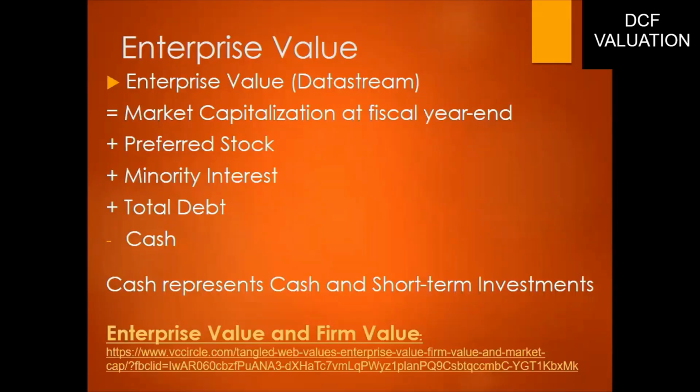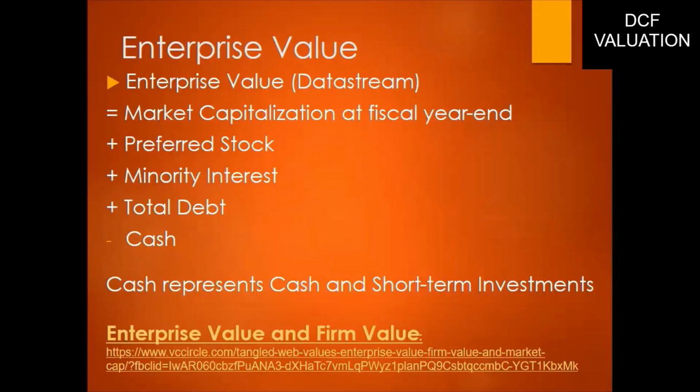So in DataStream, for example, DataStream computes for enterprise value based on this formula. It is market capitalization at fiscal year end, the market value of equity, plus preferred stock, plus minority interest, plus total debt.